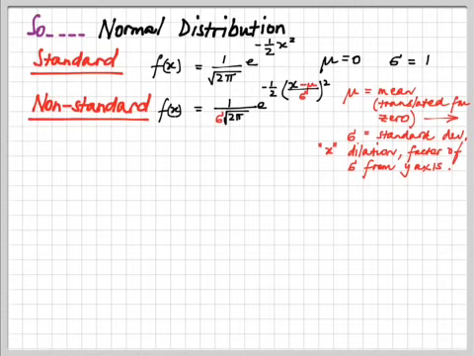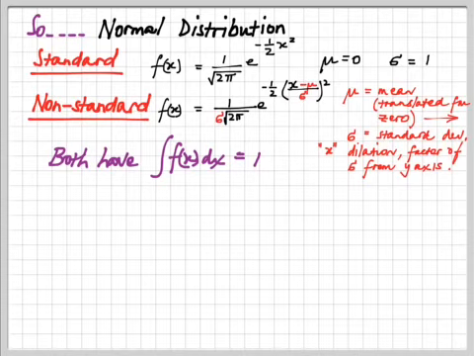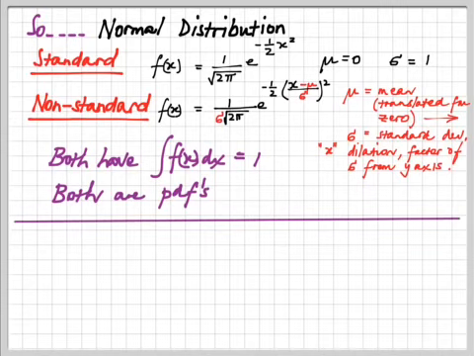Good. Now, both of these have an area under the curves of 1 because the areas are preserved by our bit of fiddling with the height of the y when we have a horizontal dilation in the x direction. And they're both PDFs. Yes, they are. Right, that's the end of that.